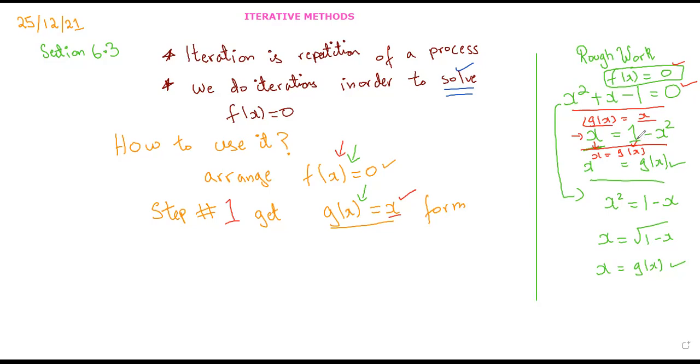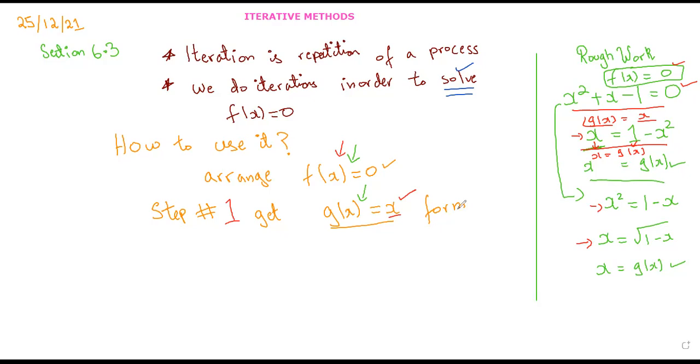And the other way of making this form could have been that you play with this x square. You take 1 and x to the other side and you simply take under root on both sides, so you will be left with this. Now you can clearly see that both of these are x equals g of x forms, but they are different, right? Yes. So you understand how to make this form.